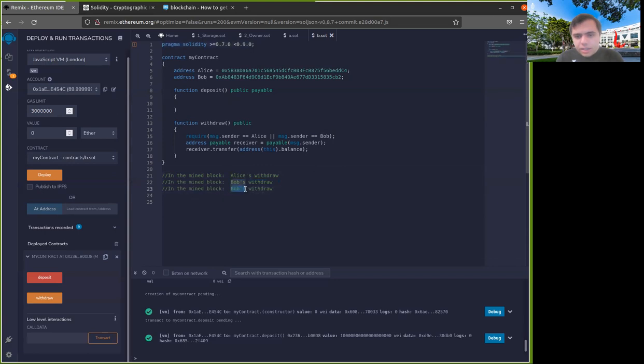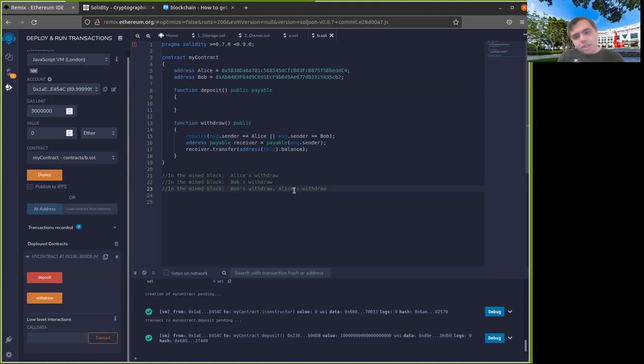So I can put both of them. I can first put Bob's withdrawal in my block as a miner, and then put Alice's. If this happens, this effectively means that the function call by Bob is going to be executed first, and Bob gets all the money.